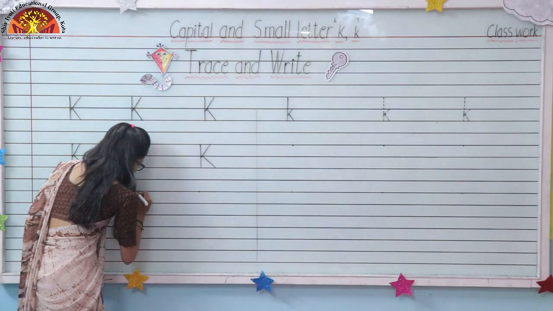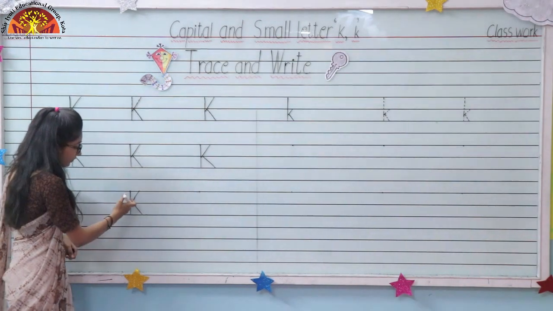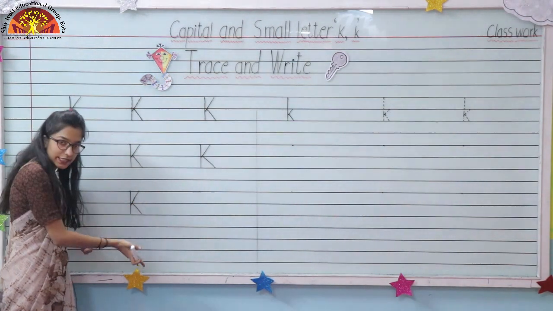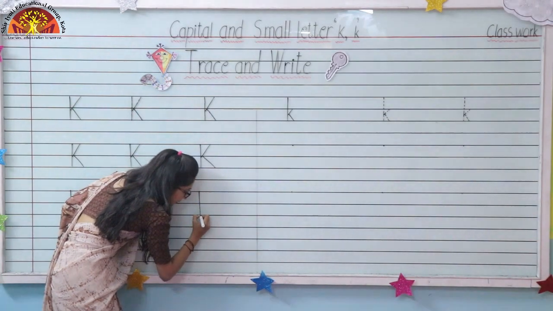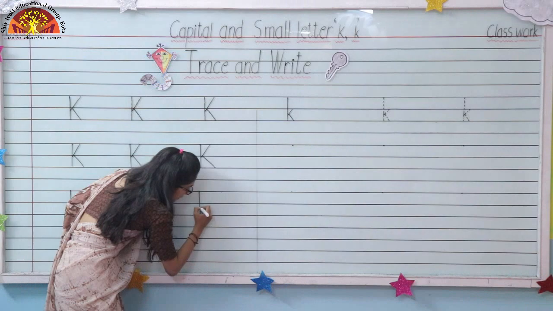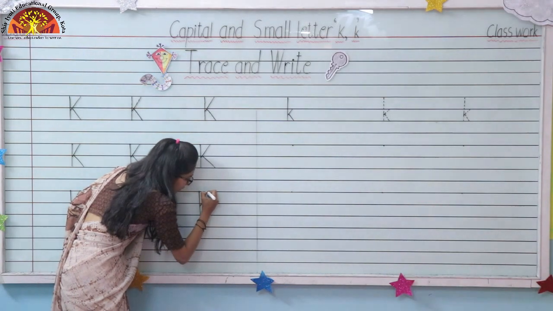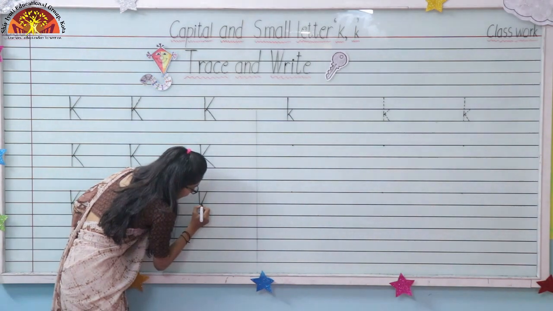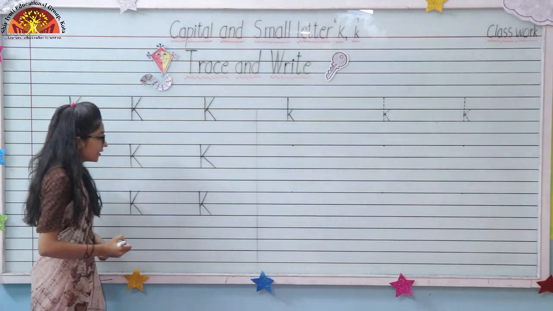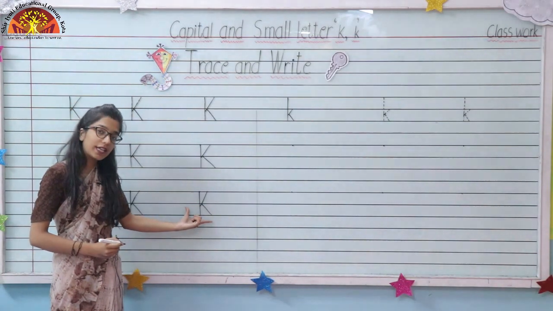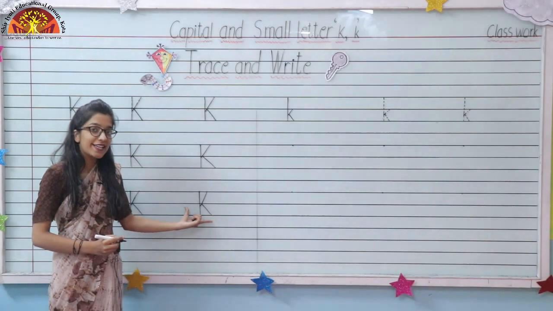Like this you have to draw slanting lines, first this side, then this side. One more time, standing line, then slanting line, touch it, one more slanting line. Like this, capital letter K.